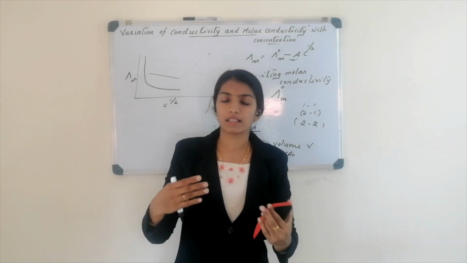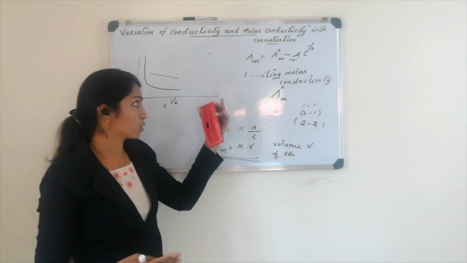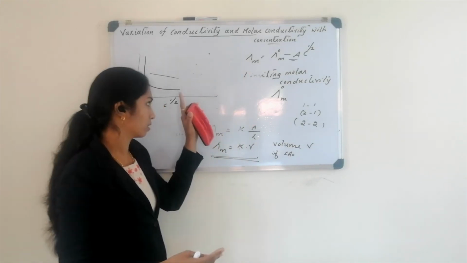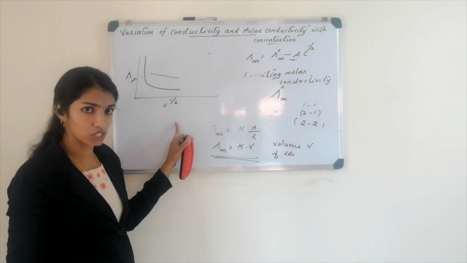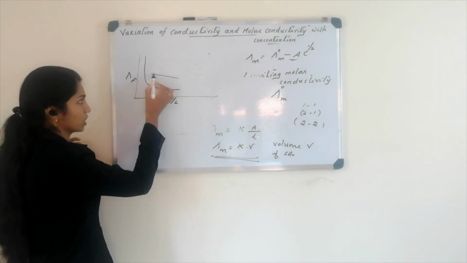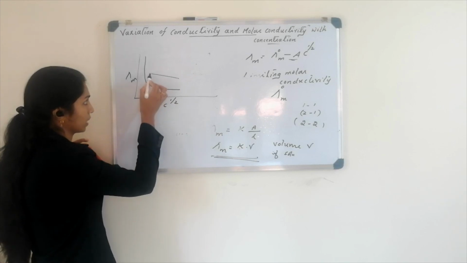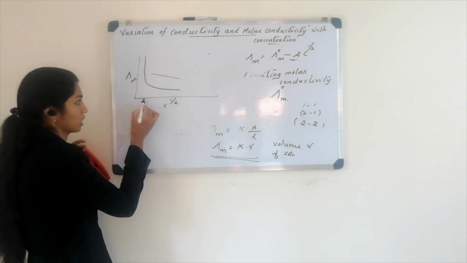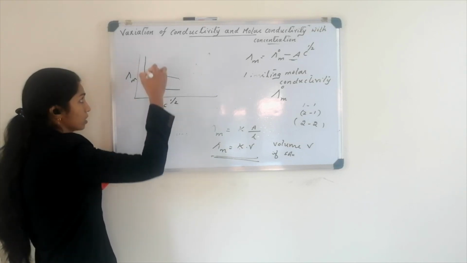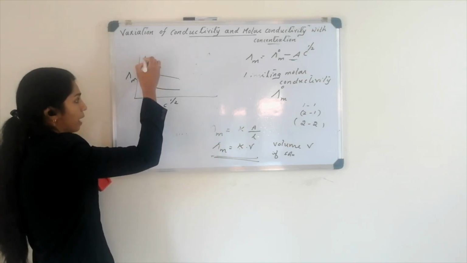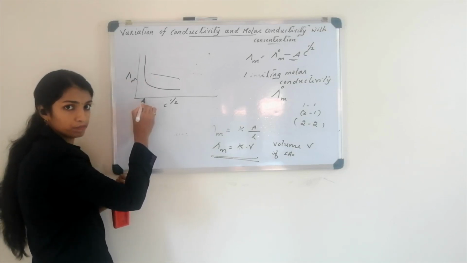Then in the case of strong and weak electrolytes, we saw the variation of molar conductivity value with the concentration is somewhat different. In the case of a strong electrolyte, the decrease is very slow. Whereas in the case of a weak electrolyte, if the concentration is very low, it will increase steeply. The value of limiting molar conductivity will be maximum at a very low concentration.